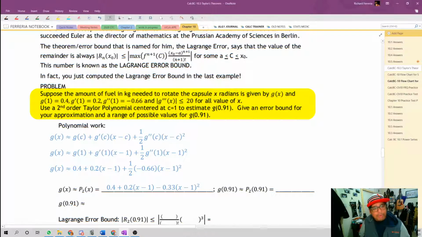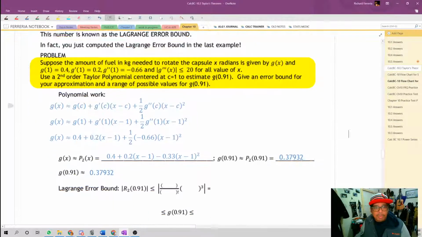We've got 0.4 plus 0.2 times x minus 1 minus 0.33 times x minus 1 squared. The next step is to estimate g of 0.91, and the estimate of g of 0.91 is polynomial 2 evaluated at 0.91. And I'm getting 0.37932.